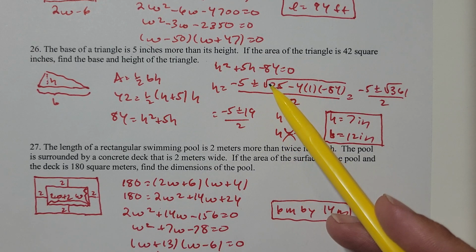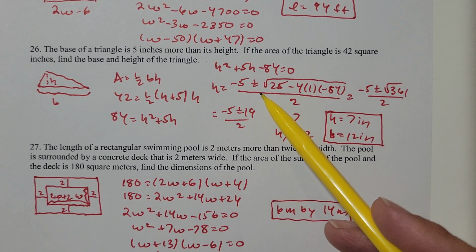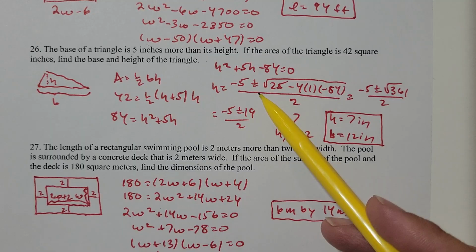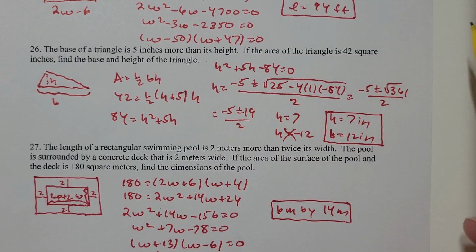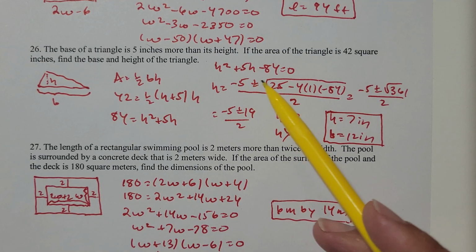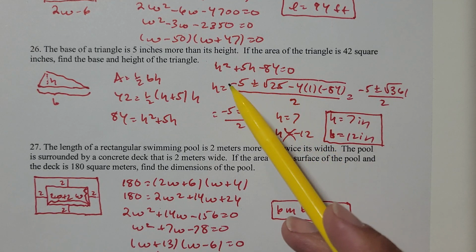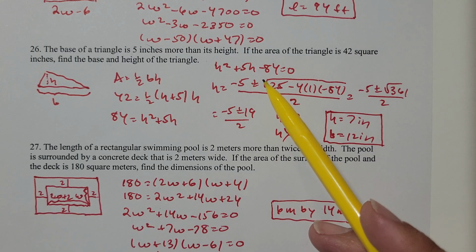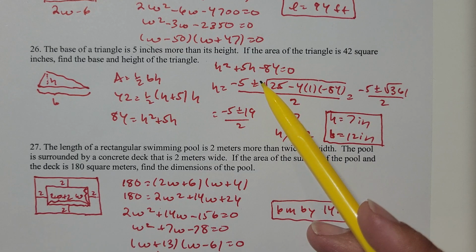And now 84 has a lot of factors, right? So 1 times 84 is 84. 2 times 42 is 84, right? So now, if I'm not seeing how this factors right away, then I'm using the quadratic formula.